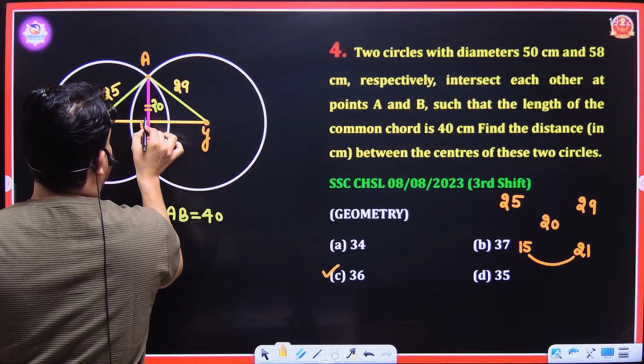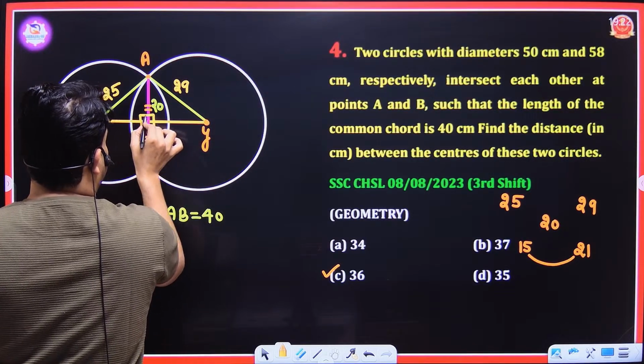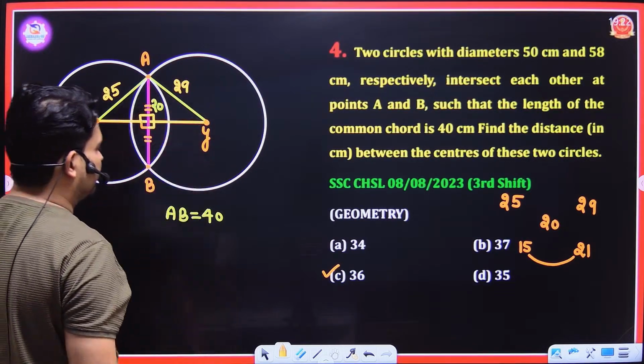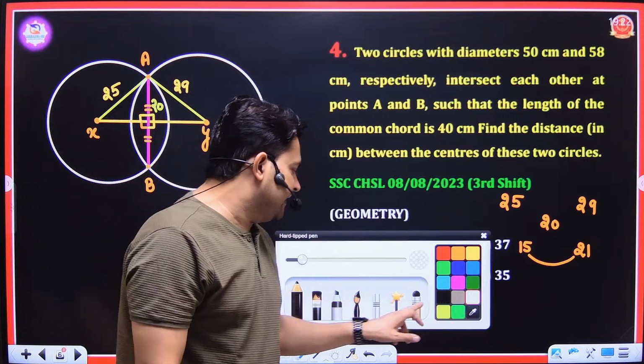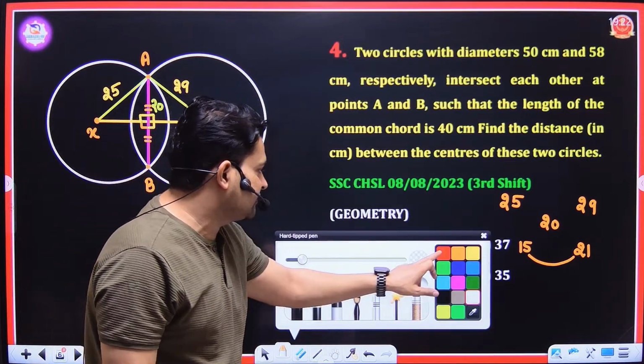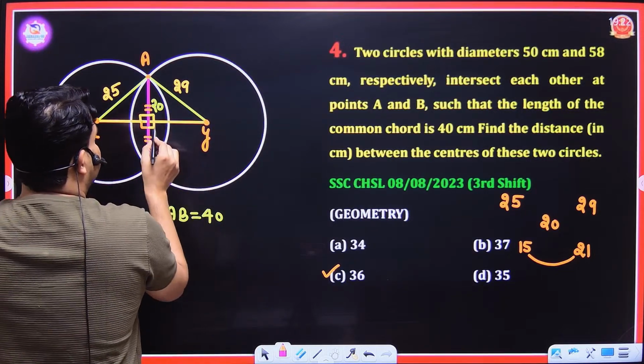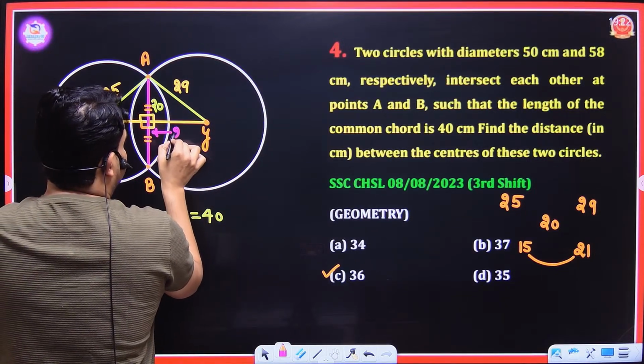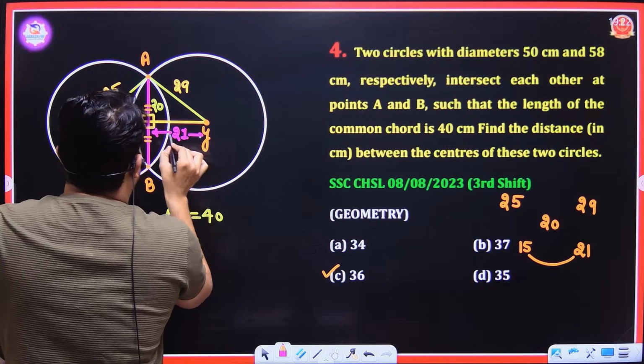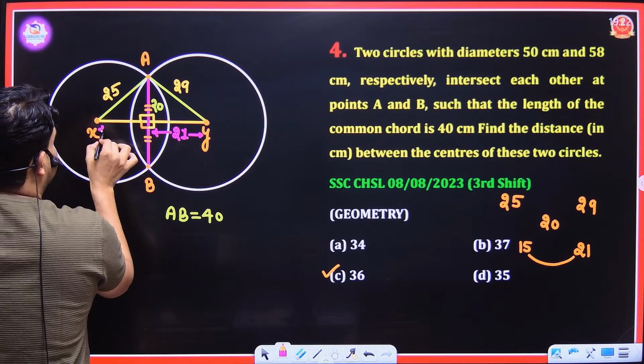As this one is a 90-degree angle, this will follow a Pythagoras triplet. If you are a serious SSC aspirant, you know that we have a triplet 29, 20, then this distance will be 21, and 25, 20 we have 15, this distance will be 15.